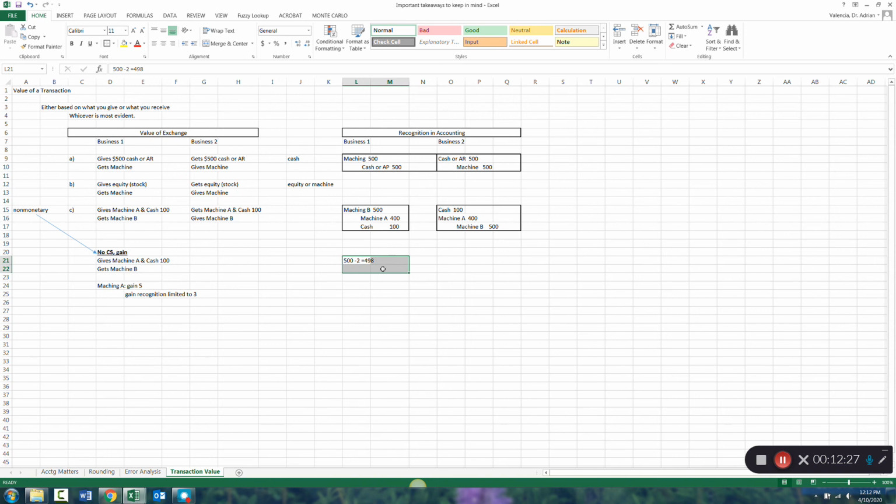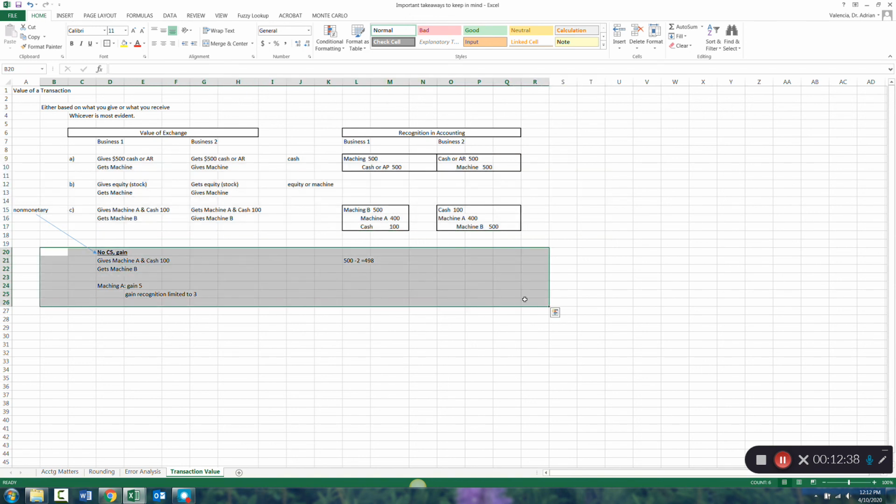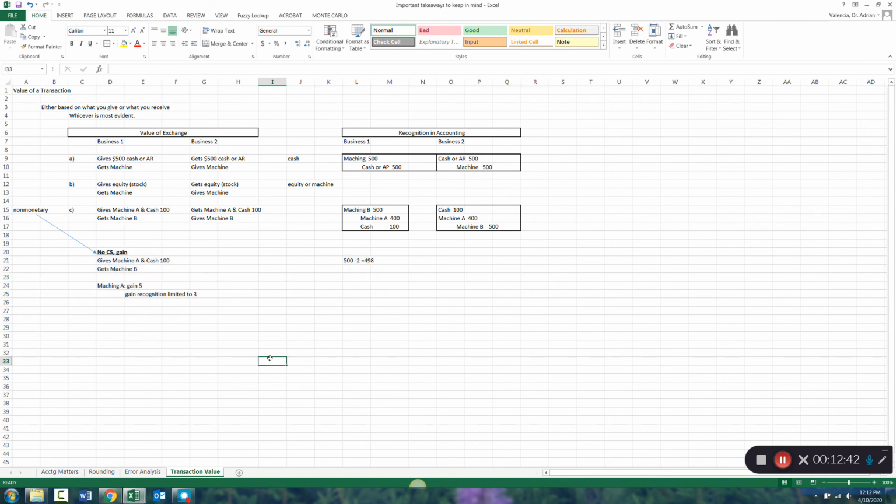And that's the big picture. So in general, whatever you determine the value of the exchange to be is what is recognized in the accounting. There are some exceptions in our accounting world where that's not the case. And this concludes the video on the value of a transaction.